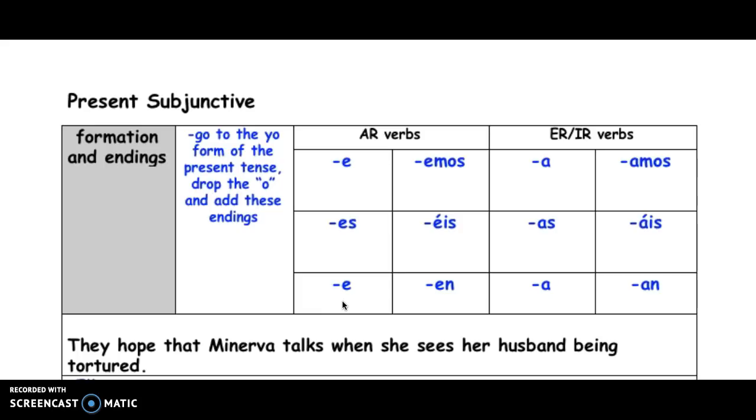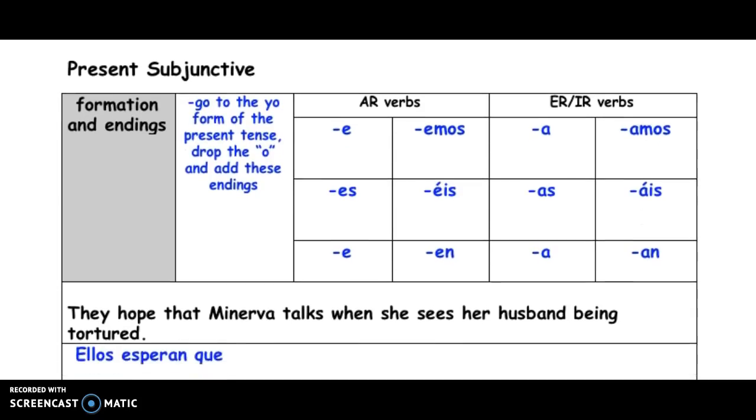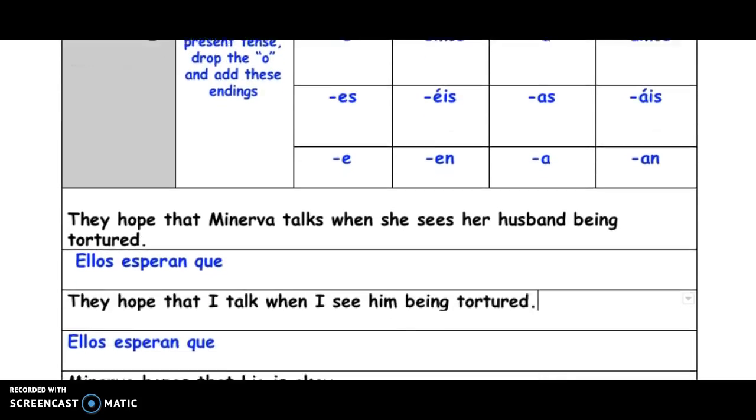So you may tend to use a subject pronoun a little bit more with these subjunctive verbs, just to avoid any confusion. Then ER and IR verbs, a, as, a, amos, an. Once again, go to yo, drop the o, add the opposite endings you know, to the stem.